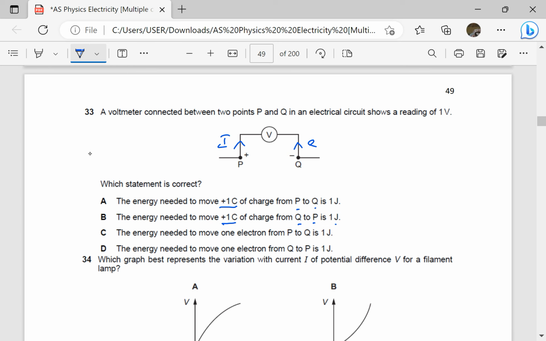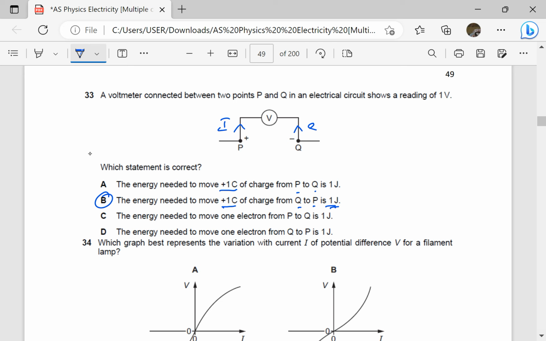So the answer is going to be B, because the work is going to be done against the repulsion if a positive charge is moved from Q to P, where P is positive. So the work done against this repulsion is the energy needed. Therefore, the answer is going to be B.